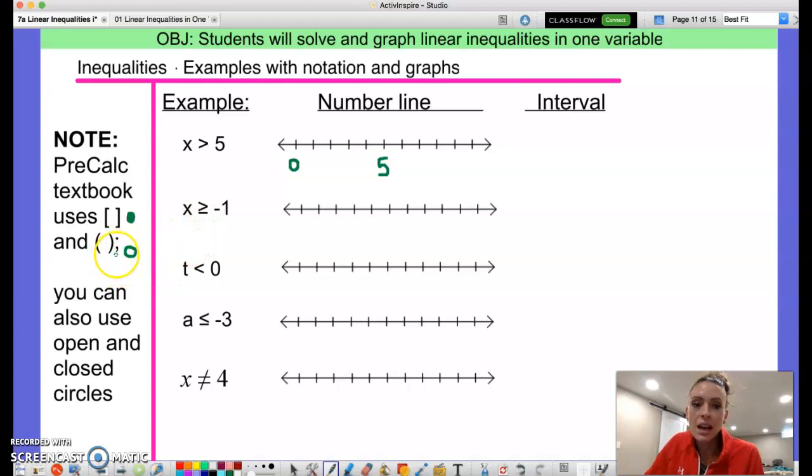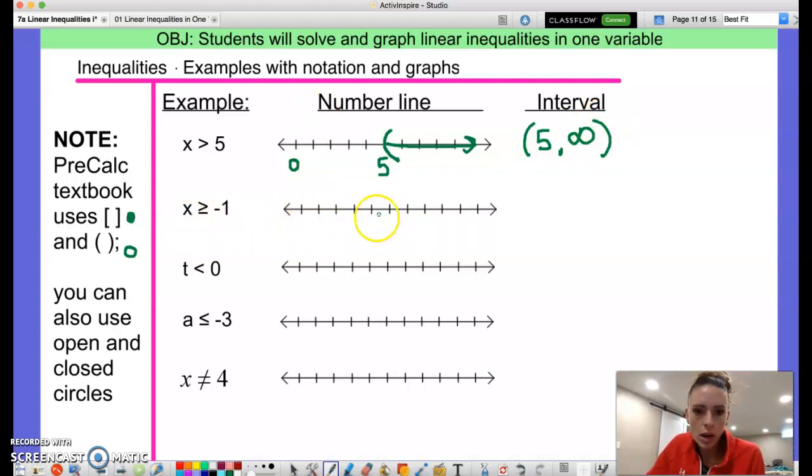So parentheses is not equal to, and brackets is equal to. This is not equal to, so I'm going to have a parenthesis, and it's going to go to where x can reach infinity, because we know x is anything greater than 5. So the interval notation for this is going to be 5 comma infinity.